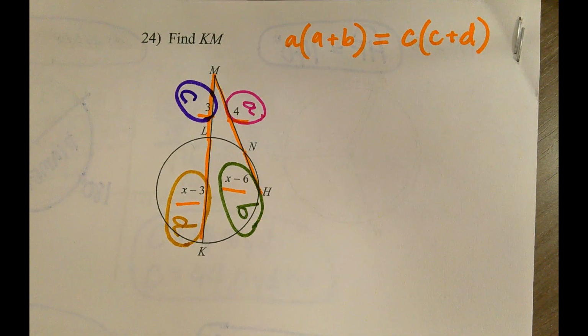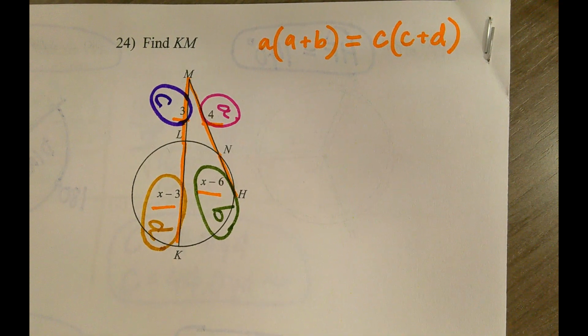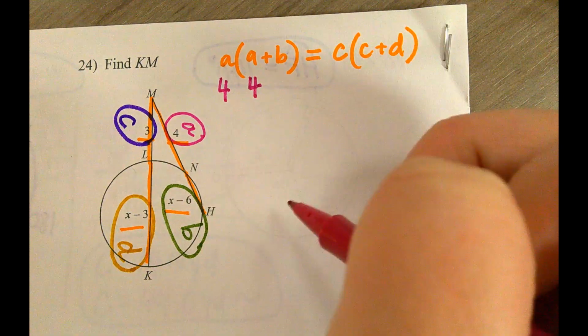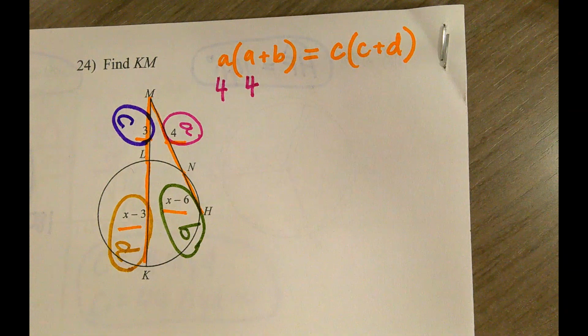Now this one can be a bit trickier to plug in because the formula is a little bit longer. So we'll start with A's. Under each A, I'm going to write 4. And that's it.